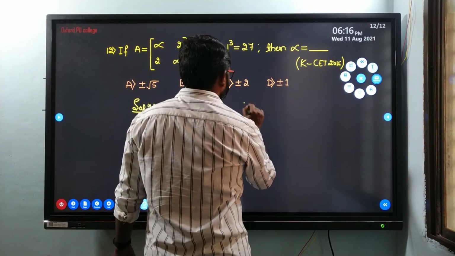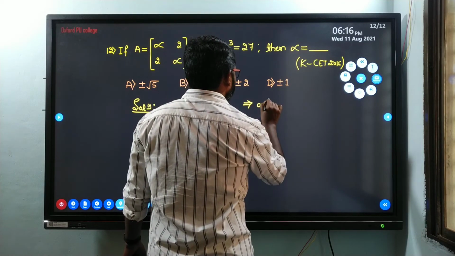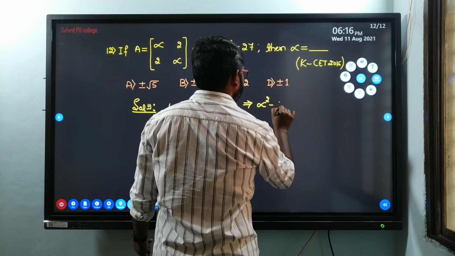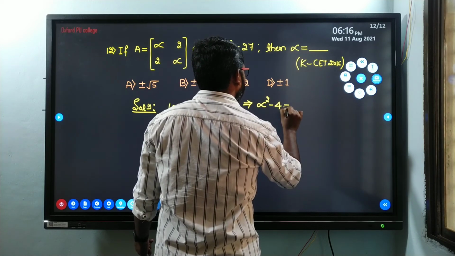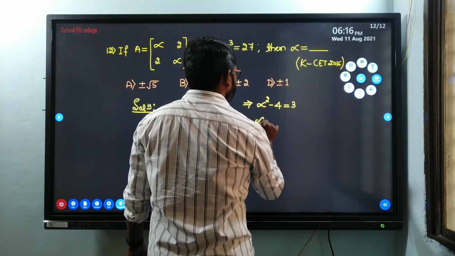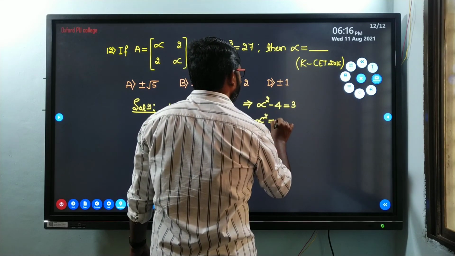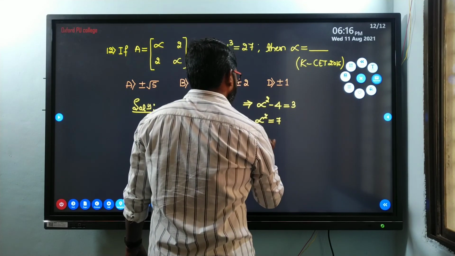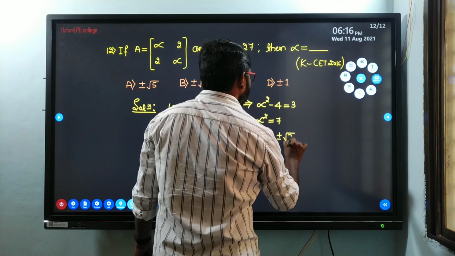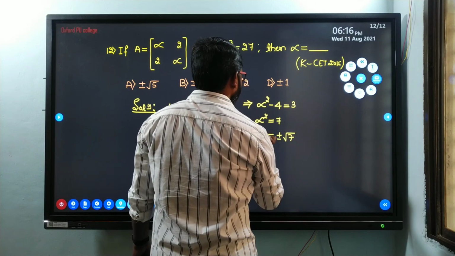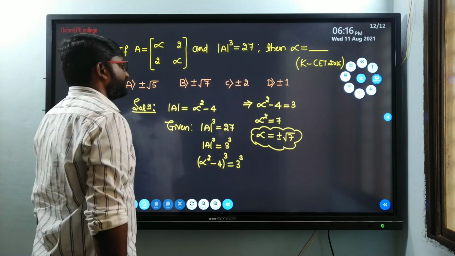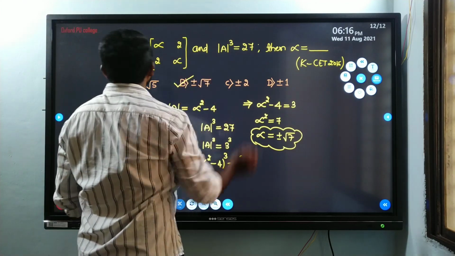This implies alpha square minus 4 equals 3. Take minus 4 to the right hand side: alpha square equals 3 plus 4, which is 7. Then alpha equals plus or minus square root of 7. This is the answer for the given question. Searching the options, option B will be the correct answer.